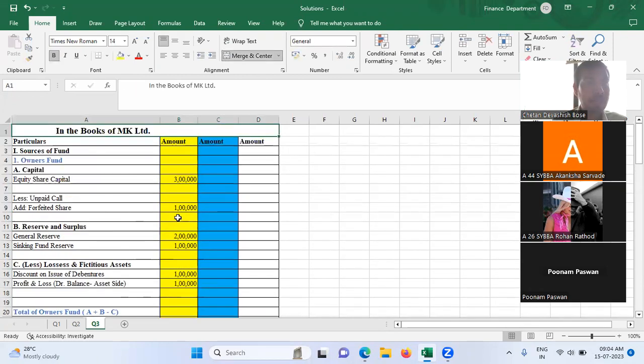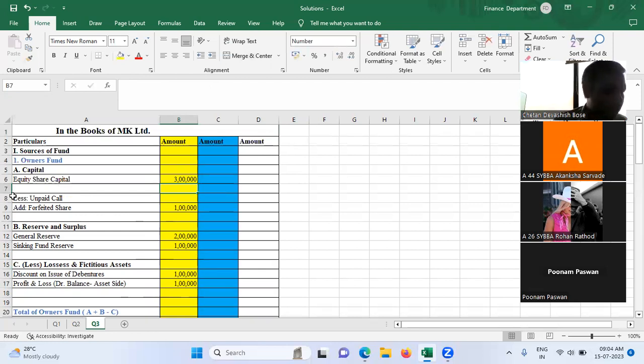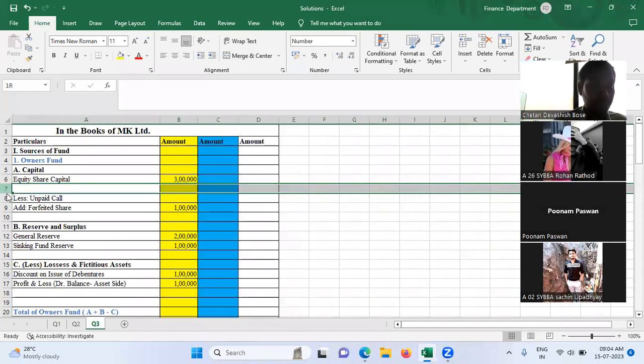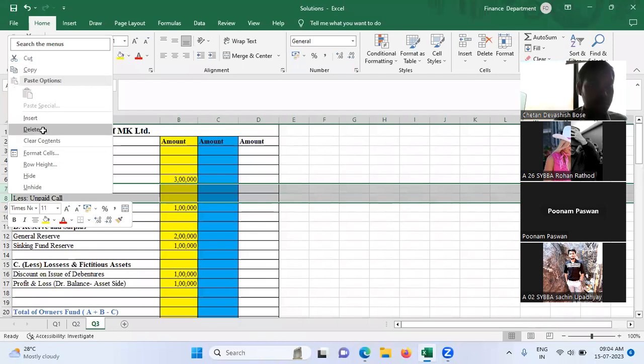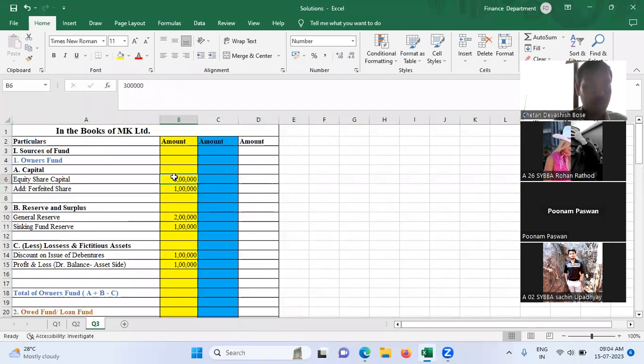Okay. Now, are we done? Yes, we are done. Is there anything which is remaining in this question? There's nothing remaining in this question. Now, do the total of capital. Total of capital would be 4 lakhs, meaning total of equity plus forfeited shares.